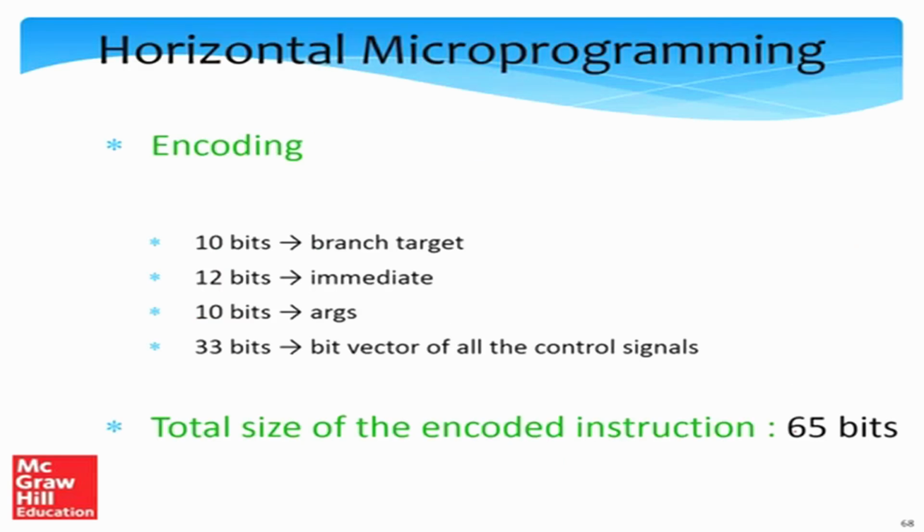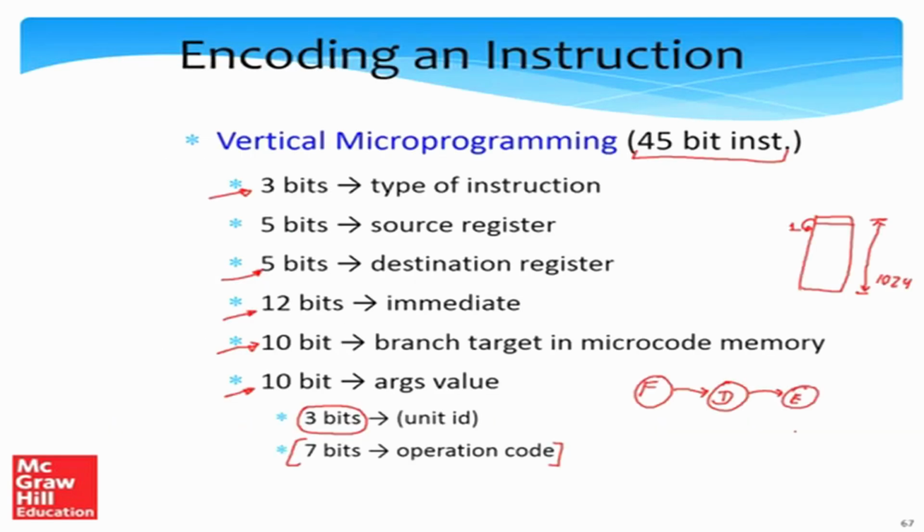Another way that we can do this is horizontal microprogramming, where we actually get rid of the decode stage. So what does decoding give us? Decoding gives us the values of all the control signals, right? In principle, for every instruction we can compute its control signals, and we can encode the control signals themselves.